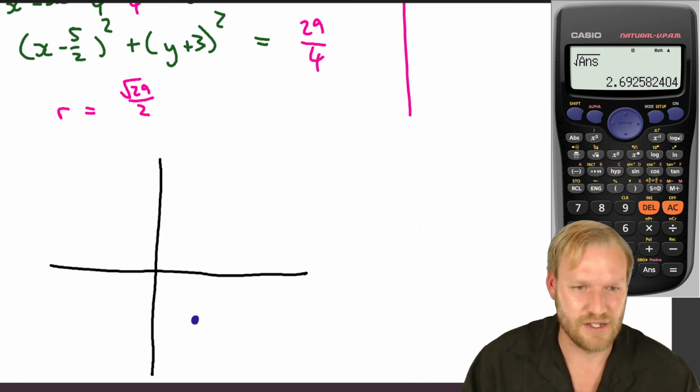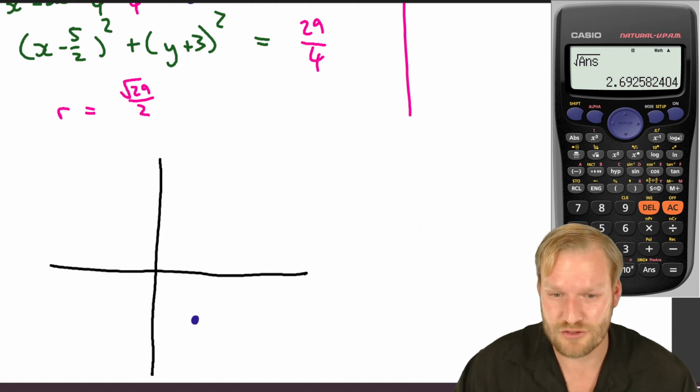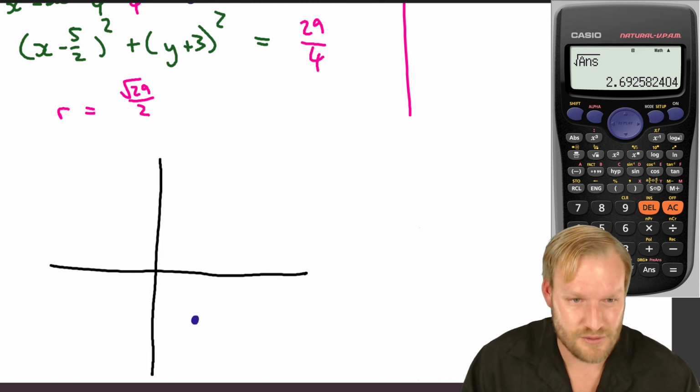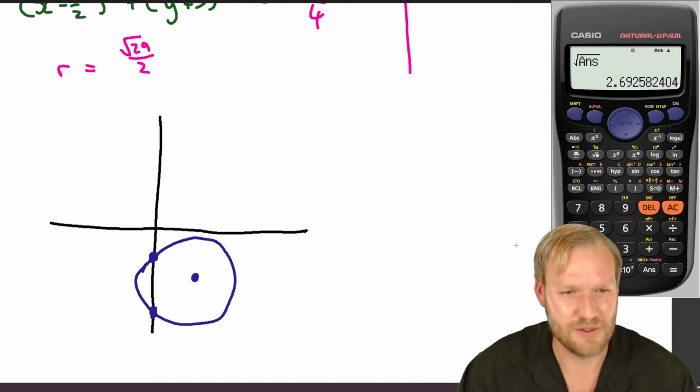So definitely going to intersect there, and that was minus 3. So I think that our sketch looked like, well, something like that. So we got our 2 y-intercepts over there.